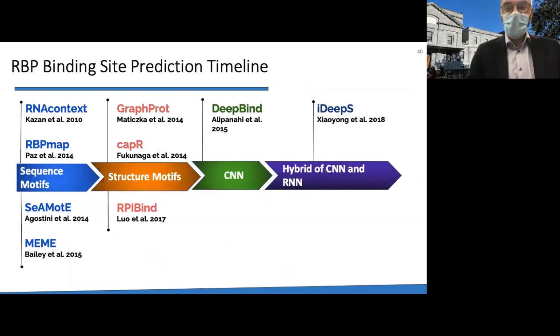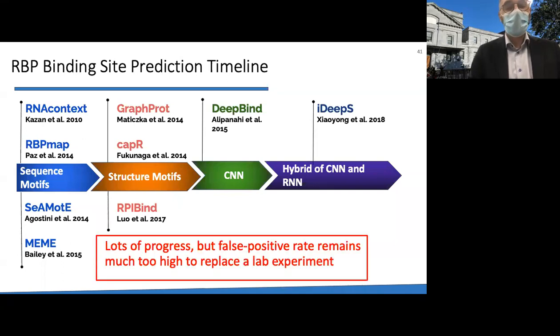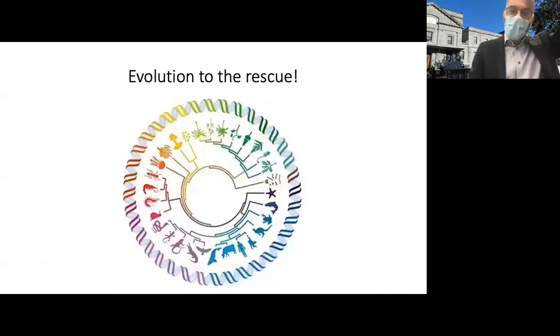But the end result, and that's true also for the RNA binding aspect, is we have things that work pretty well, but the false positive rate remains so high that there's no way a biologist would ever prefer to use one of these models rather than doing an experiment, if doing the experiment is possible. So here's what we're going to do about that to try to help that situation.